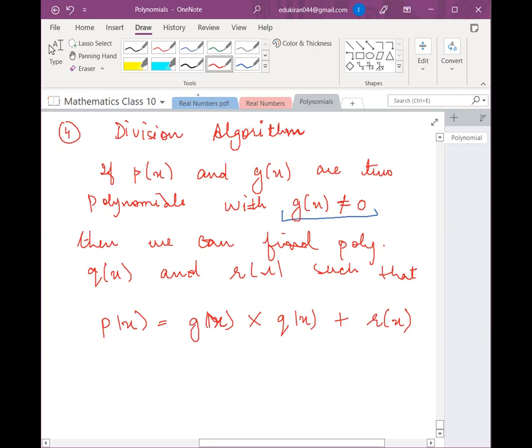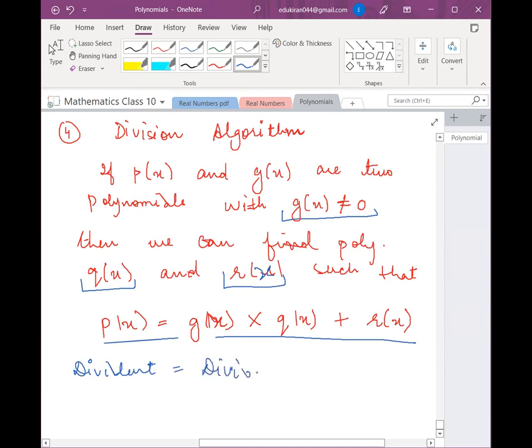Now let's try to understand. If p(x) and g(x) are two polynomials with g(x) not equal to 0, then we can find polynomials q(x) and r(x), two polynomials which satisfy this condition. This is what you have already studied: p(x) is your dividend, g(x) is your divisor because you are dividing by g(x), q(x) is your quotient and r(x) is your remainder.